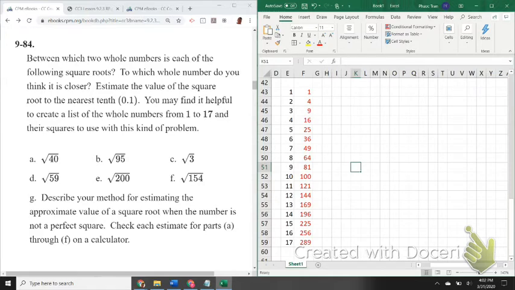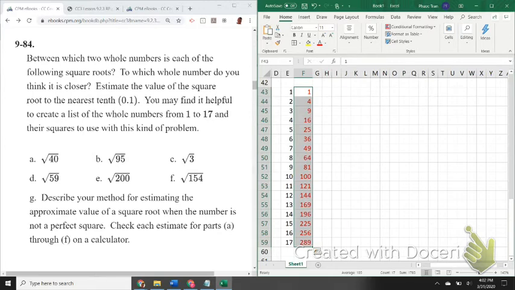You should have a table in your notes like this. If you don't, pause the video right now and copy this down. This is the result of taking the number in the left column and multiplying it by itself, and it gives you the answer there. With that logic, if I reverse the process and look at the numbers in the right column and ask what's the square root of these numbers, I should get the answer in the left column.